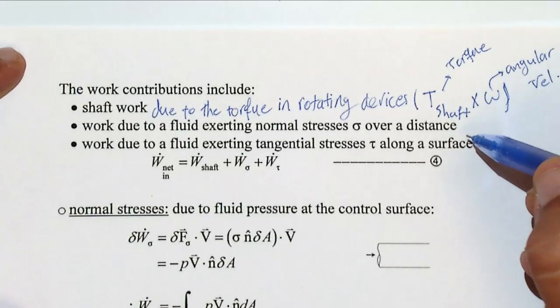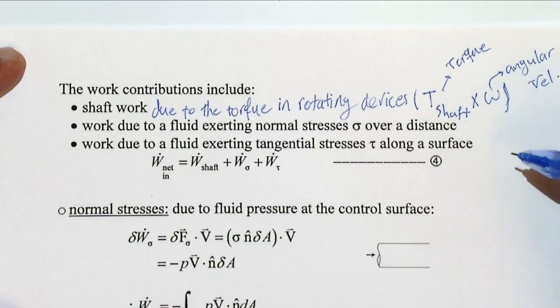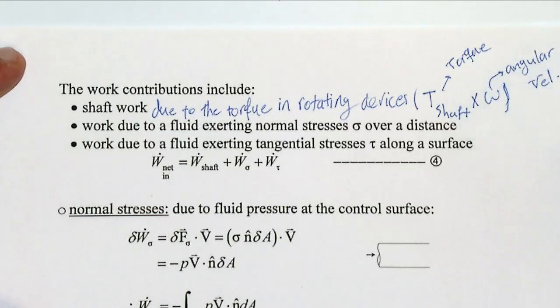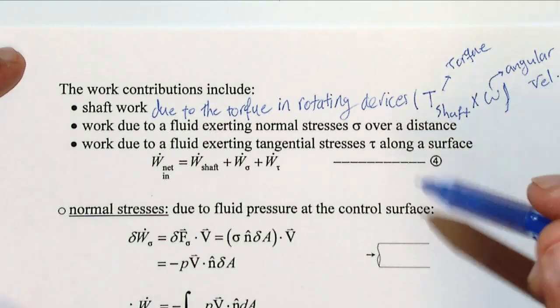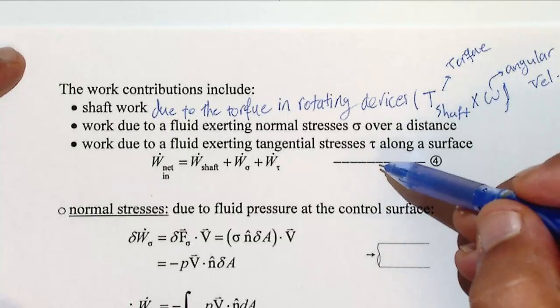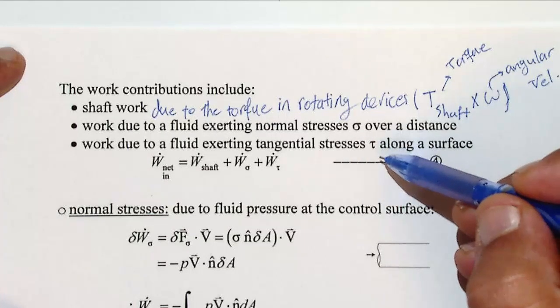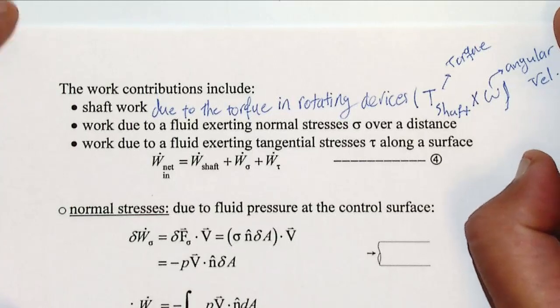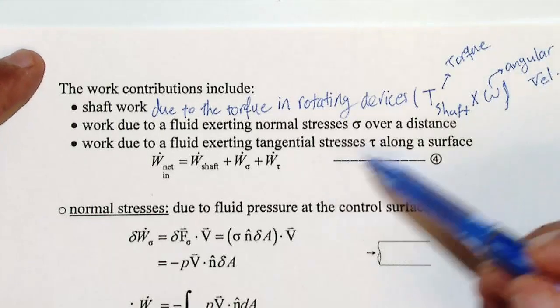You have another type of work that is because of an external normal stress exerted over a distance. It means the pressure and the force that you have on the inputs and outputs as a normal stress, or it could be in terms of tangential stresses, like tau, that you have close to the walls, and when two layers of fluid have a tau between them, or tangential stress there.